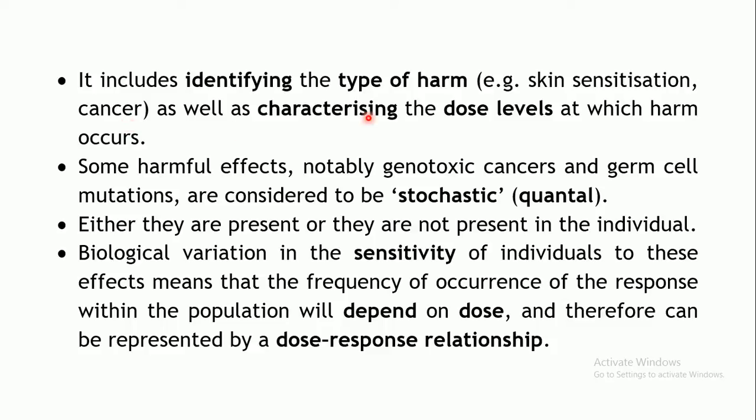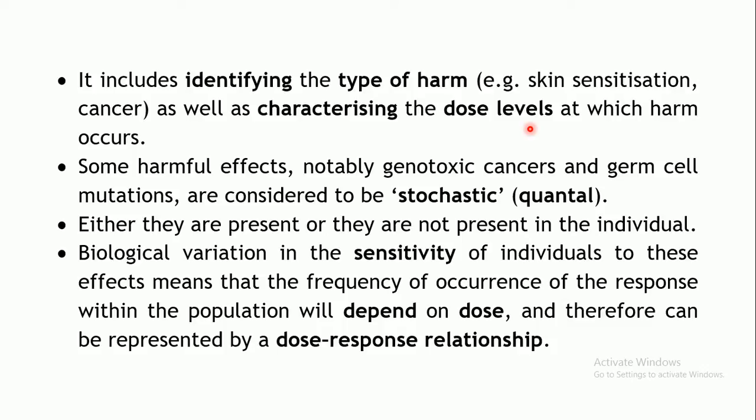This step also involves the characterization of the dose level at which this particular type of effect is produced. What is that level at which certain effects are being produced? So dose response assessment is done in this step of hazard characterization.